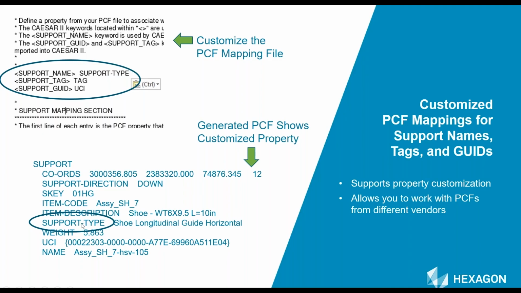The support type now has a new format of support-type, and the data has come through. And that's all because I was able to customize the mapping here at the top in my mapping file. So we think this should be very helpful for customers that work with different vendors that have different naming schemes. It gives a little bit of flexibility to that PCF structure where you can still get data into the product.